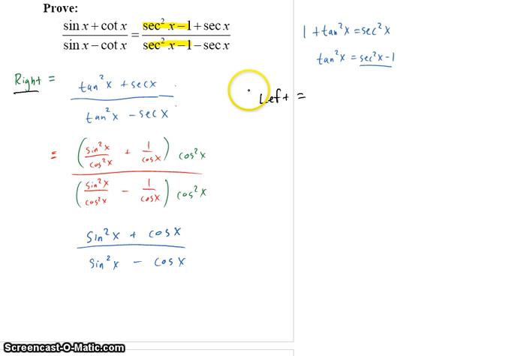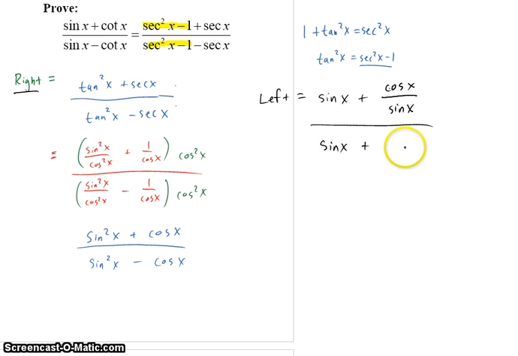Okay? So the left side is sine x plus cotangent x over sine x minus cotangent x. The obvious thing to do is to change everything to sine and cosine. So cotangent of x is equal to cosine of x over sine of x. So I'm going to make this change. Oh, that should be a minus.